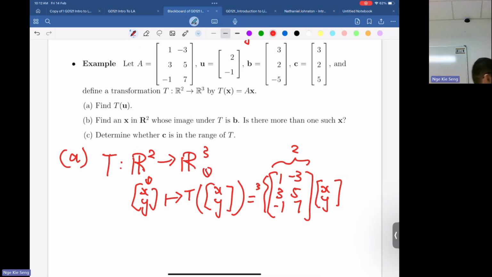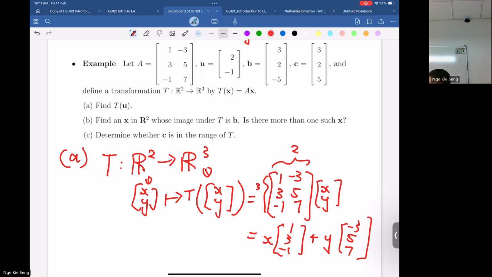Does it make sense or not? Still remember this matrix vector multiplication? We need to split the matrix into columns first, and then this xy is the coefficient for your vectors. So can you see that this is actually an R3 vector? Yes or no?